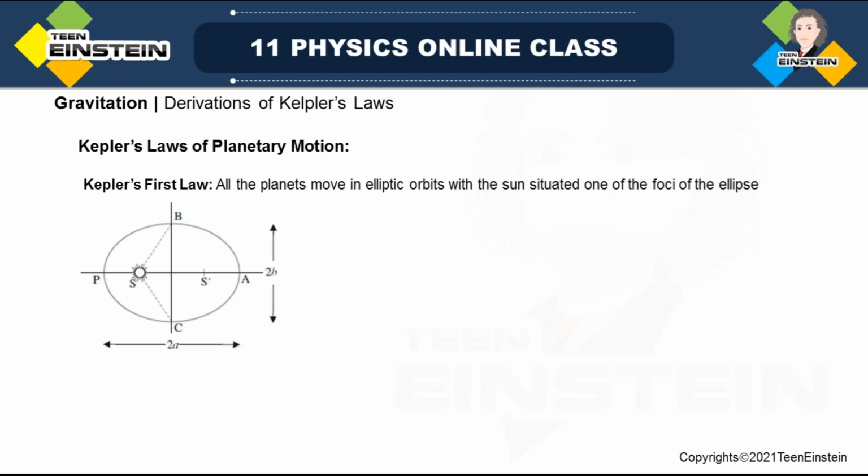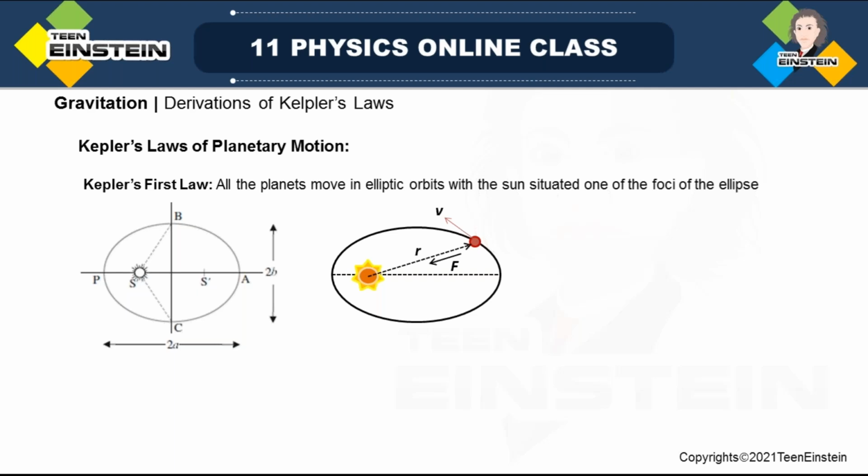So today we have to prove how we can prove this particular law. That means we have to prove that the orbits of the planets will be elliptic.